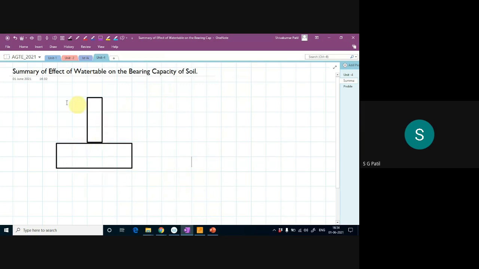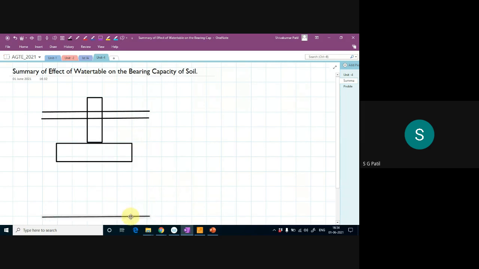This is your ground level, and this is my width of foundation, and this is my depth of foundation.